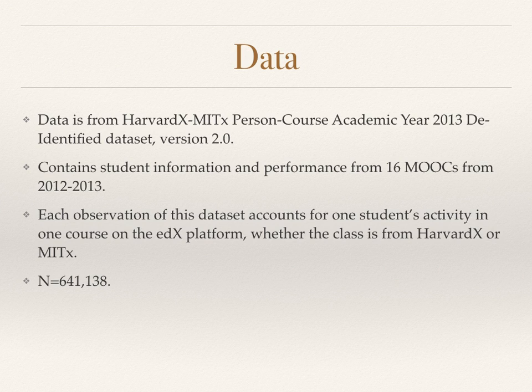Every observation in this dataset effectively told the story of one student's activity in one course on the edX platform, and it didn't matter whether that course was from Harvard X or MIT X. And one of the really helpful things about this data was how large it was. It had more than 641,000 observations.